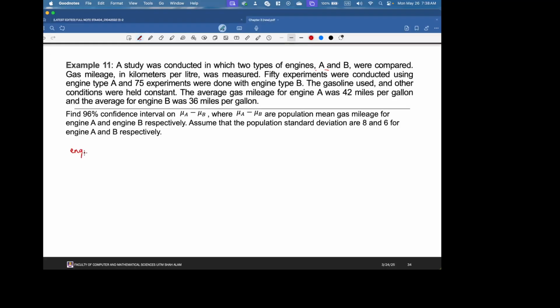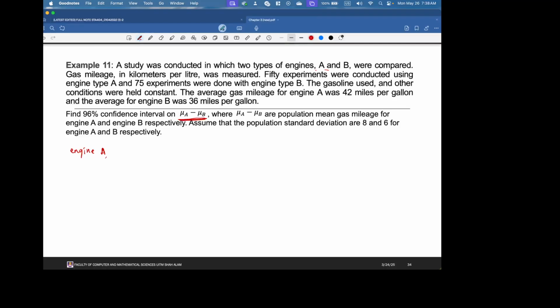Engine A is 1, so I have to distinguish the information. Since this is interval estimation for the difference between two means, this is the symbol actually. We want to find mu A minus mu B.